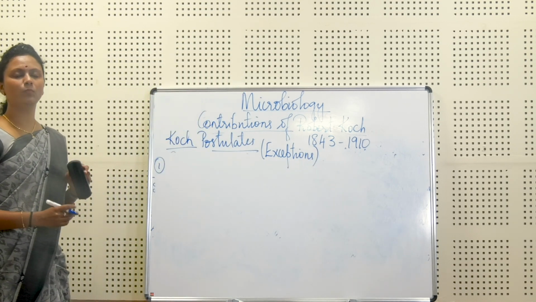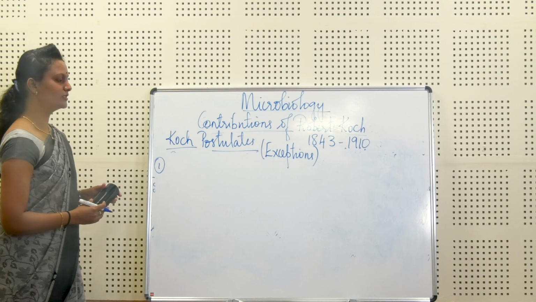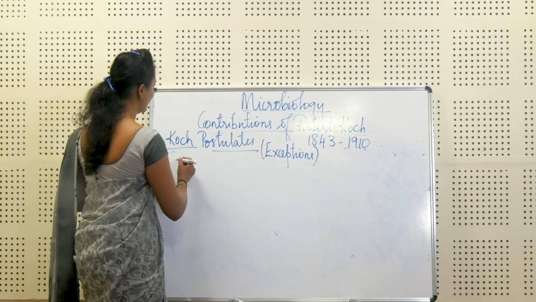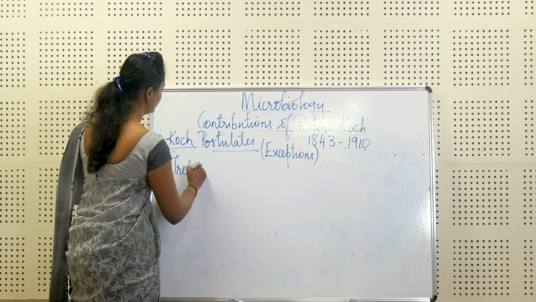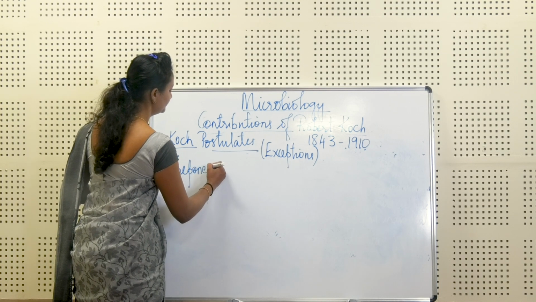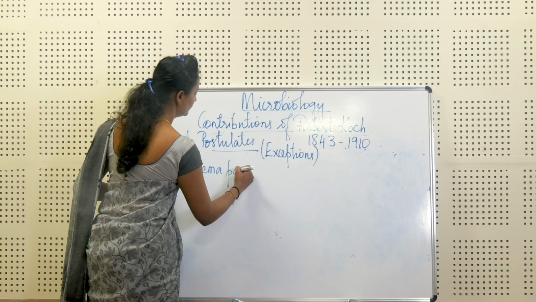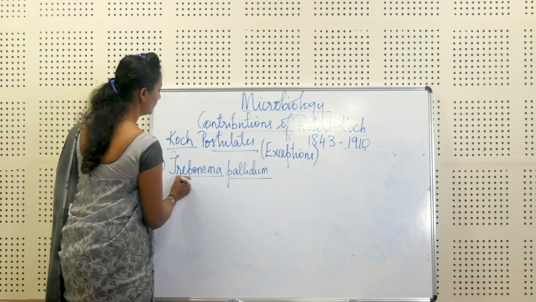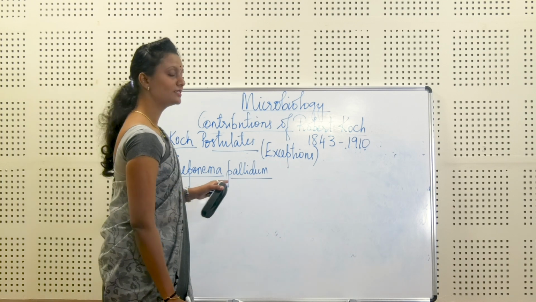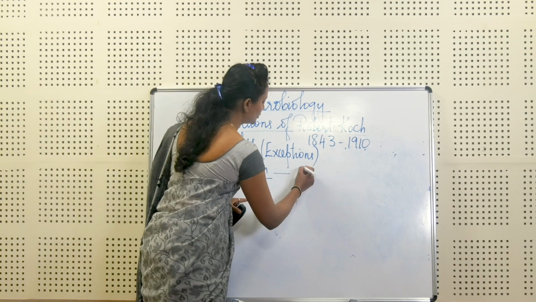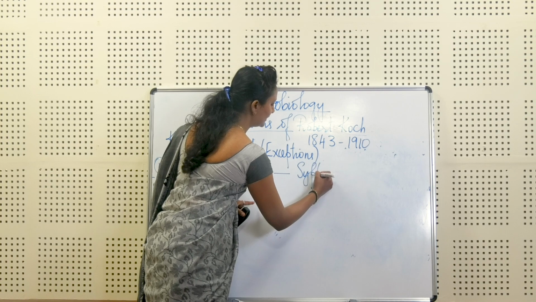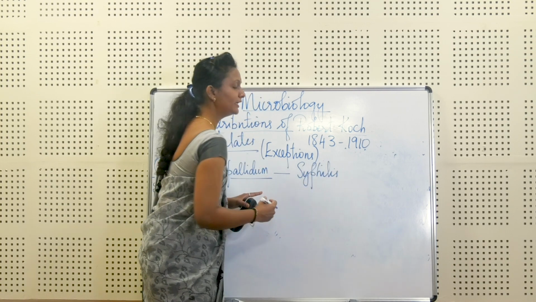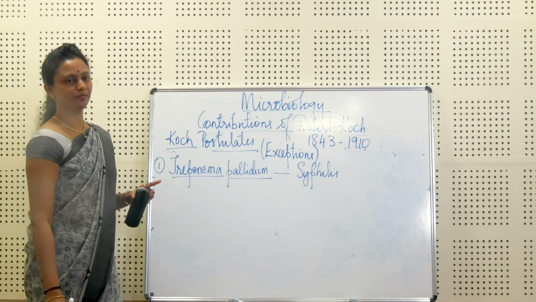Koch postulates were not accepted because some of the causal organisms like Treponema pallidum, the causative agent of sexually transmitted disease, that is syphilis, can never be cultured on an artificial media.